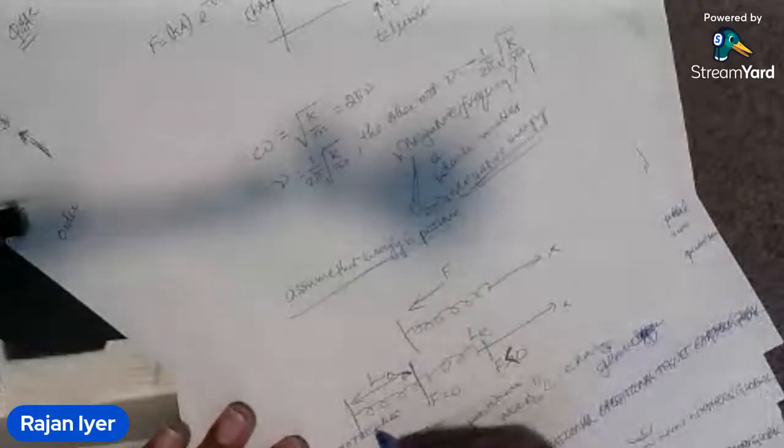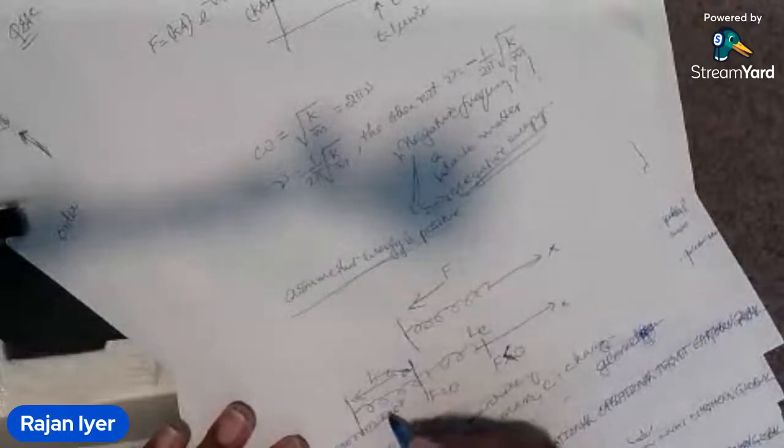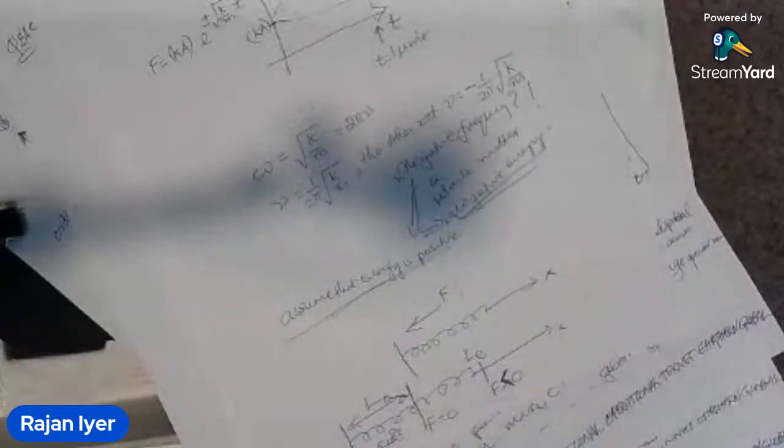In that region between F. The problem is how it is pointing out. So it's positive. Are you saying that the force is positive in the area between the board and the normal length of the spring?